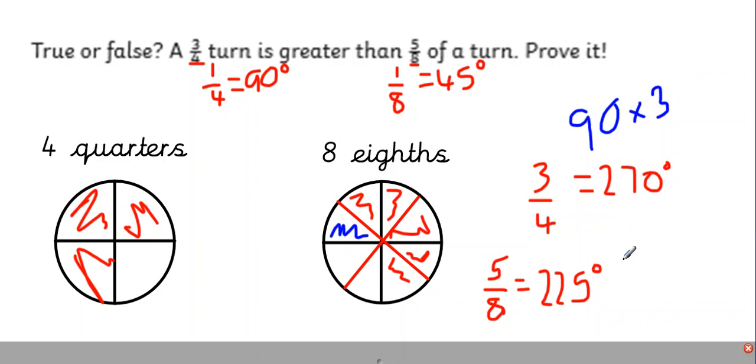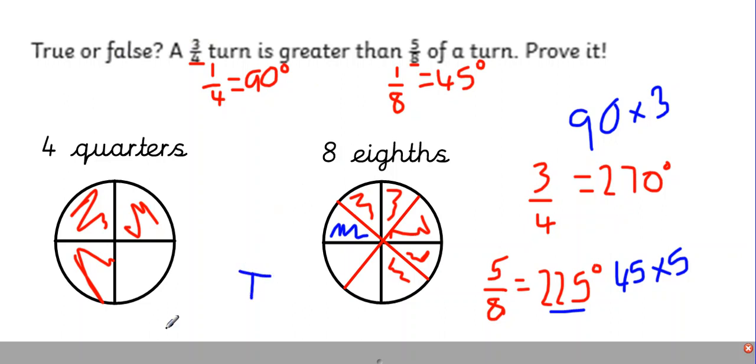So here, to work out 5/8, I know that 1/8 is worth 45 degrees. So I've then multiplied that 1/8 by 5 to get 225 degrees. So here I can clearly see that 3/4 is larger than 5/8, therefore my answer is true.